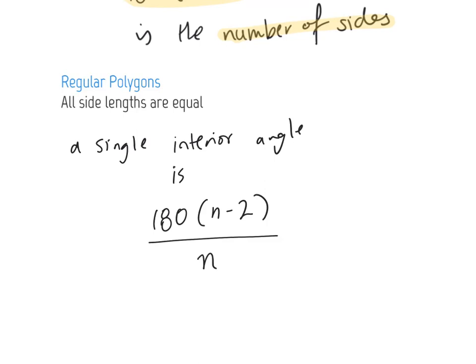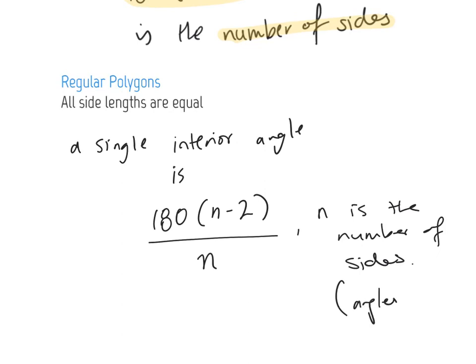N side lengths means there's n angles as well, so n is the number of sides and also the number of angles. Put that in a bracket. The previous formula finds the sum of all the angles, whereas this one finds a single angle. But this only applies to a regular polygon, where all side lengths are equal.